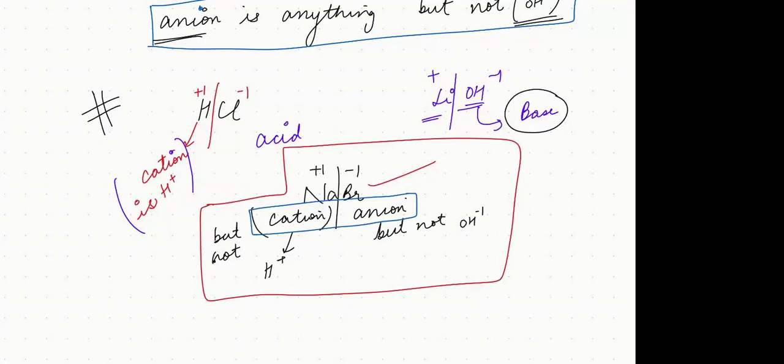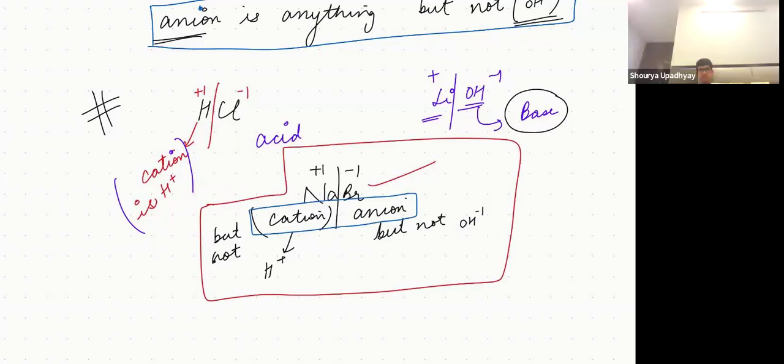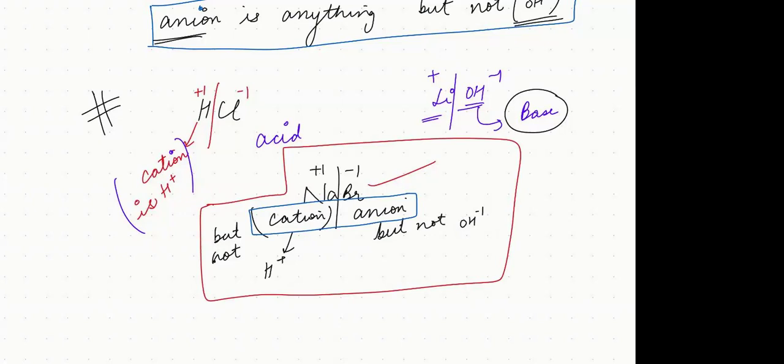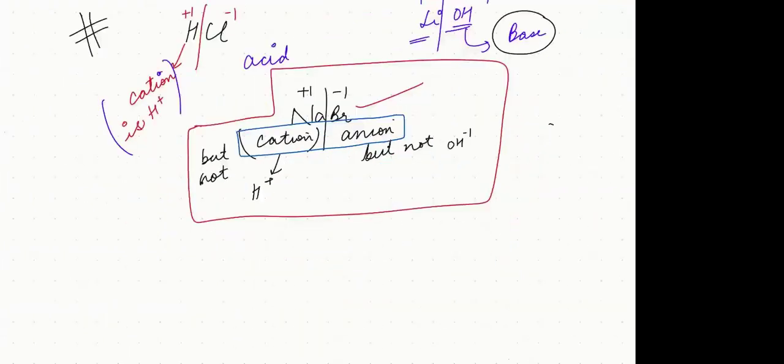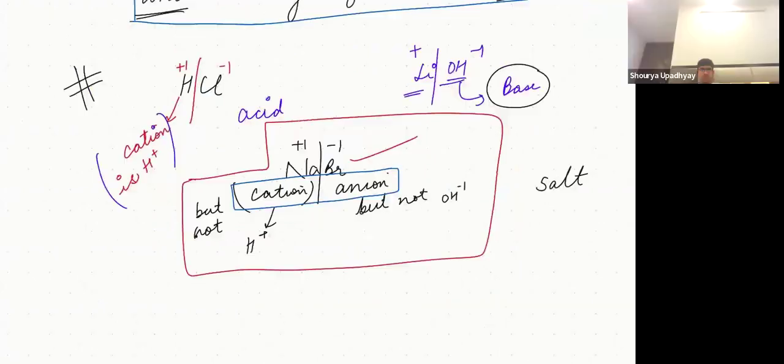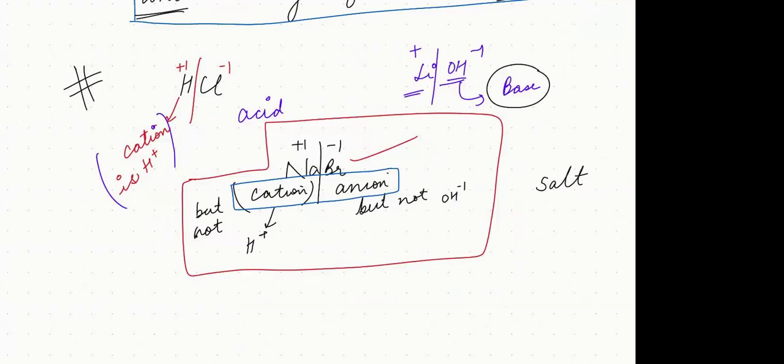Any doubts in this? No, ma'am. So this you have to understand. Cation and anion is there. Understood? Yes, ma'am. So this is definitely a salt, neither an acid nor a base. Got it or not? Yes, ma'am. Right. So that's how we basically work with the reactions.